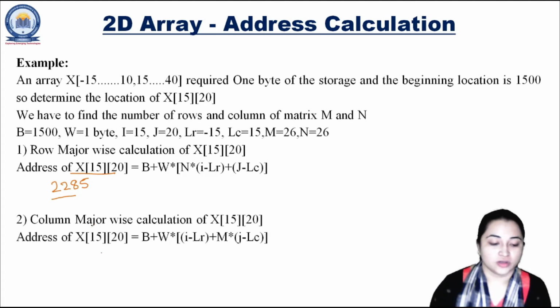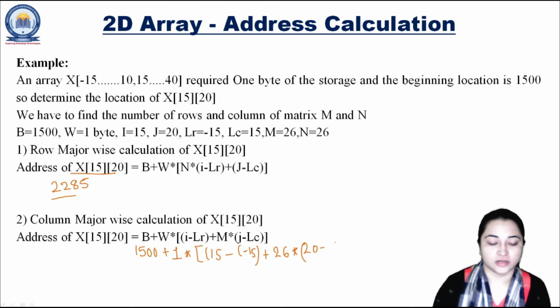So let us now put all the values in this equation. Base address is 1500 plus W is 1 into I is given as 15, so that is 15 minus lower bound of row given as minus 15, plus M is 26 into J is 20 minus lower bound of column which is given as 15. Okay, so now let's reduce this.